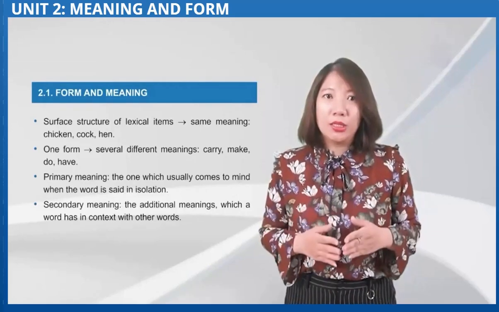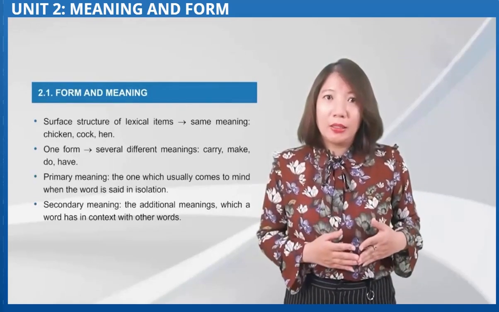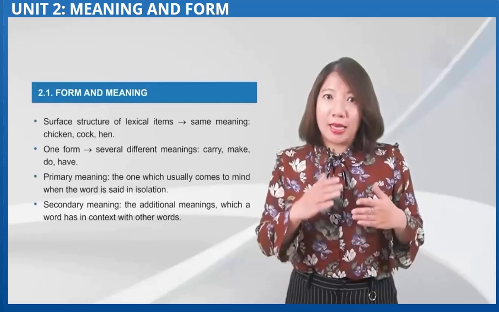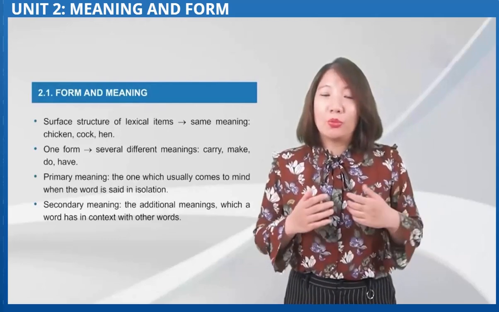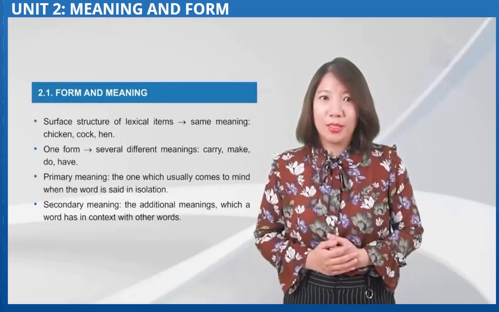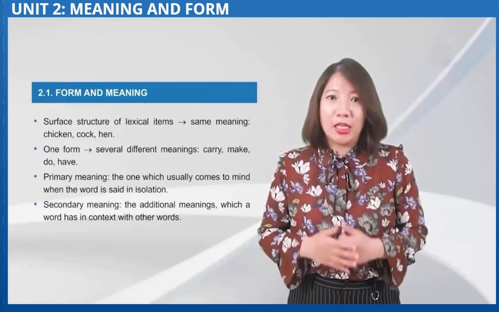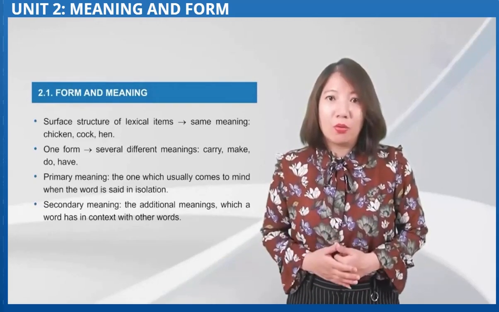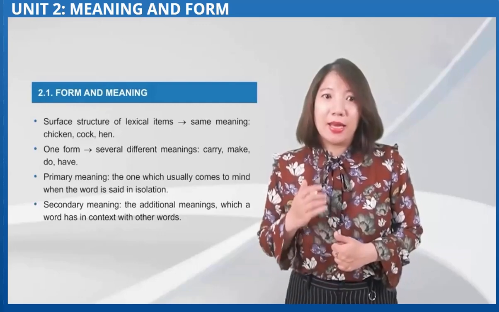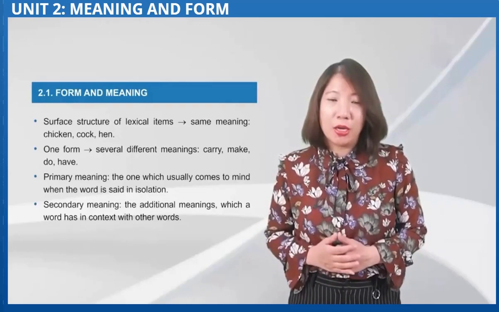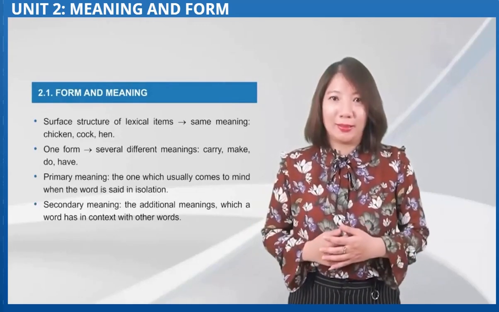So the word has primary meaning when it stands alone and secondary meaning when it comes with other words. So only when a form is being used in its primary meaning or function is there one-to-one correlation between form and meaning.